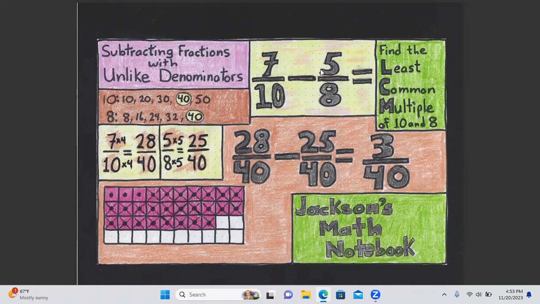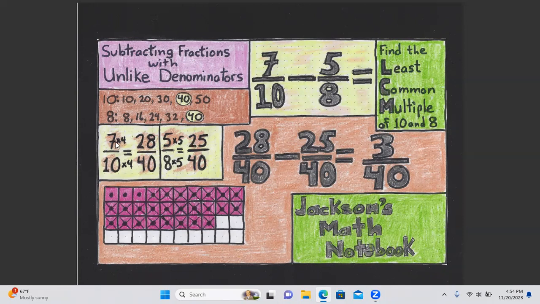So let's count by 8s. 8, 16, 24, 32, 40. Okay, I can go to 48 if I like, but I find that 40 comes first. 40 is the least common multiple of 10 and 8. And that's what we're going to use as our common denominator.